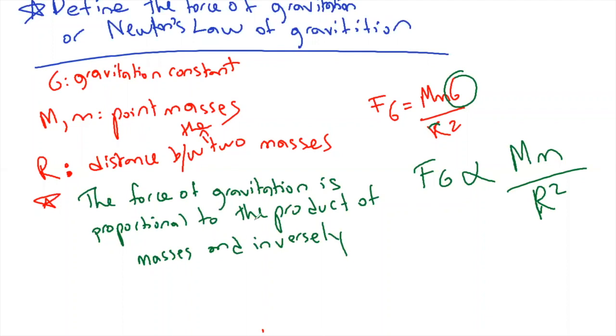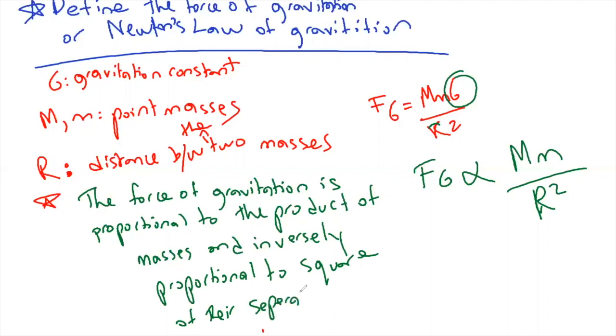I have to add one thing here, the point mass thing. The product of masses and inversely proportional to the square of their separation. Now, if you write this, you're going to get 1 mark.